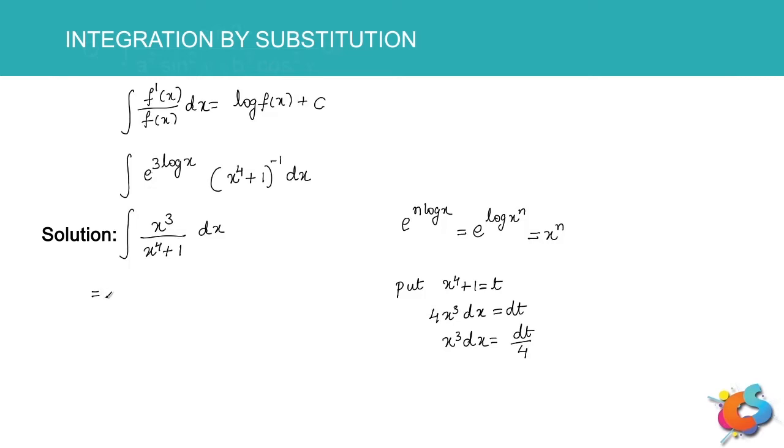So the given problem becomes 1 by 4 into, x cube dx can be replaced with dt by 4, that 1 by 4 I have kept outside, by x power 4 plus 1 becomes t. Now the integration of 1 by t is log t followed by the constant c. So this is the same as 1 by 4 times log of, t is replaced with x to the power of 4 plus 1, followed by the constant c.